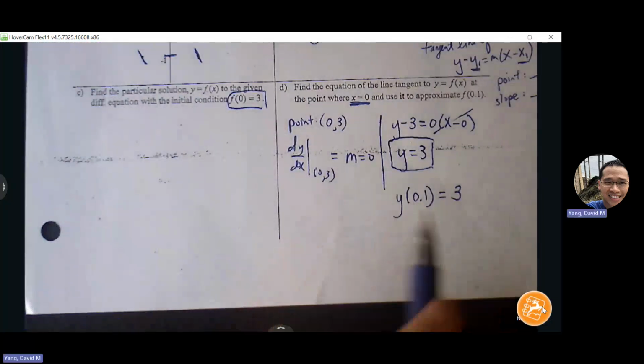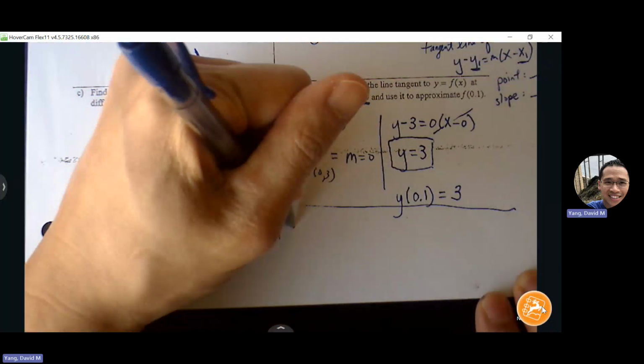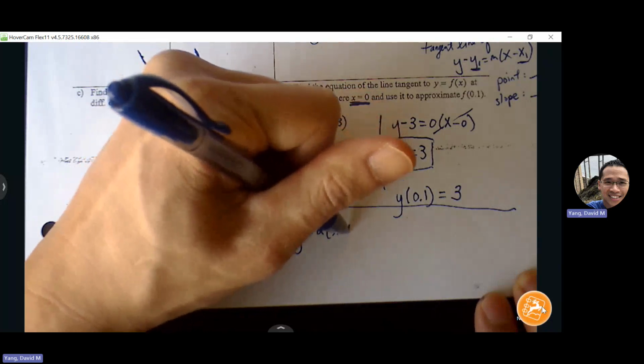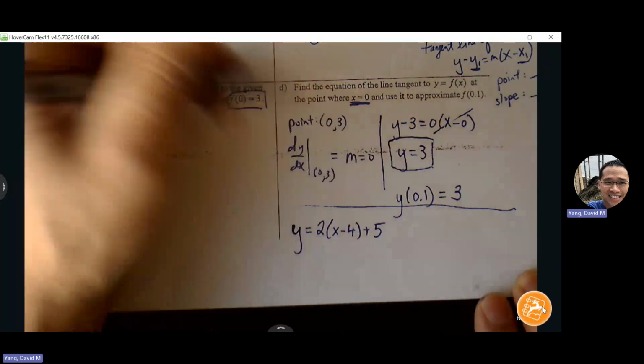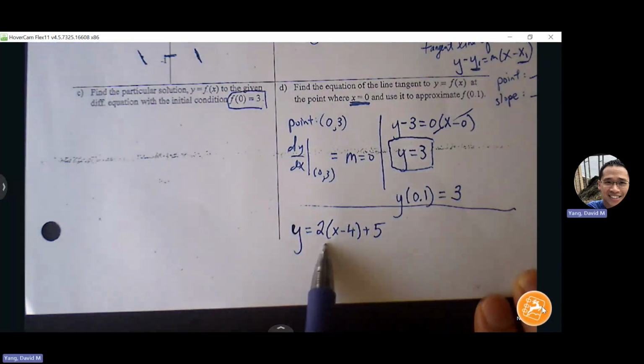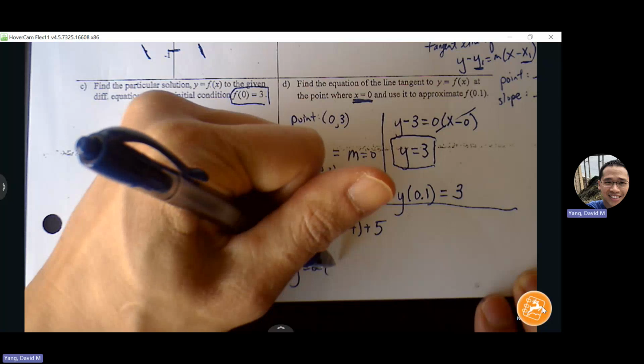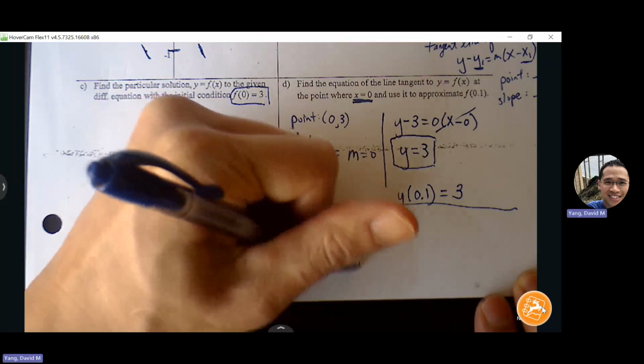Okay, so this may not be a perfect example in terms of what you may see on the test. You know, if the tangent equation was, let's say, y is equal to 2 times x minus 4, plus 5, then plugging in 0.1, you're going to get a decimal. So 2 times 0.1 minus 4 plus 5.